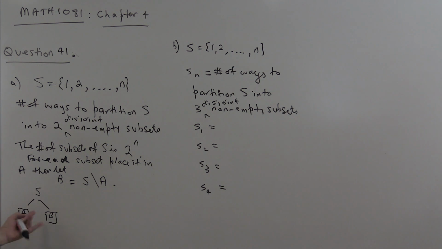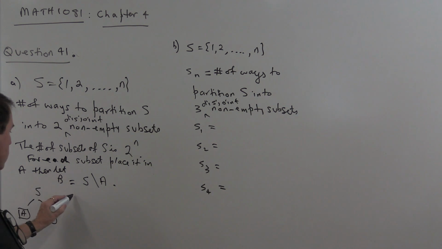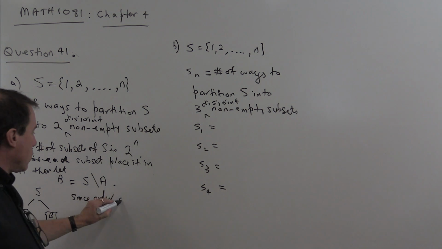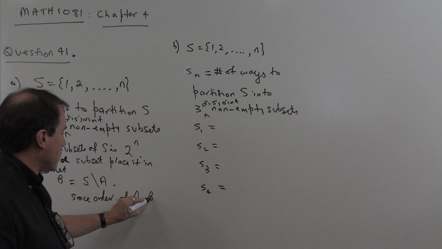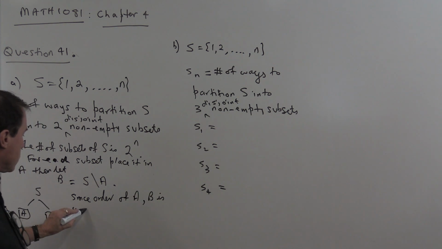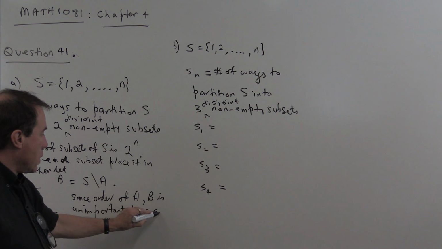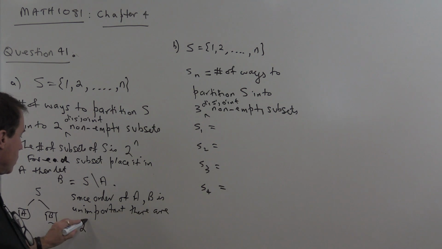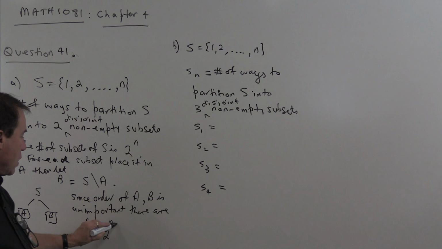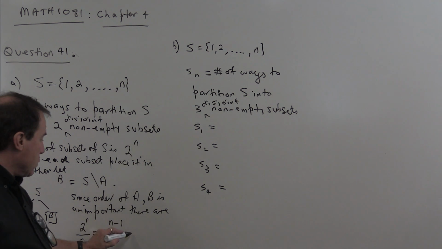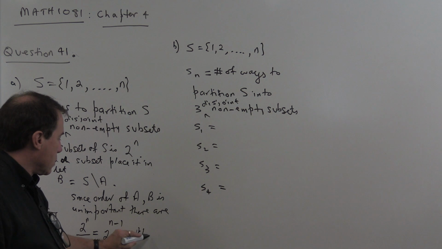But of course the A and the B I could flip the other way. So since the order of A and B is unimportant, there are 2 to the n divided by 2, which is 2 to the n minus 1, such choices.